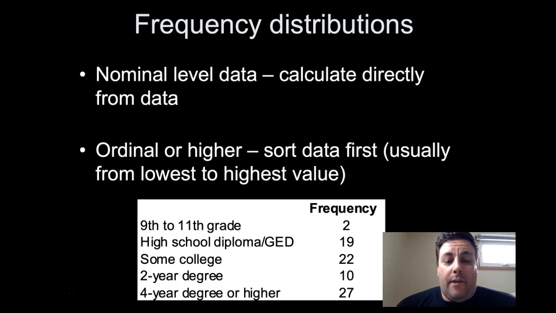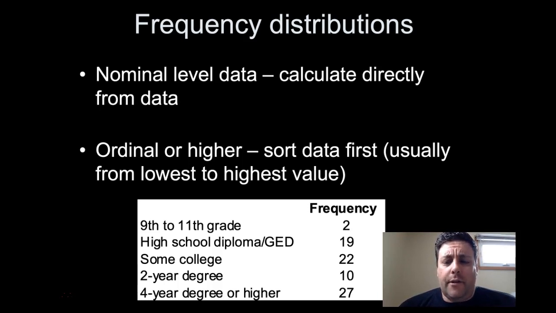So here we have an example of an ordinal set of data. The variable in this case is education, and so we've got 5 different categories: 9th to 11th grade, high school diploma or GED, some college, a 2-year degree, or a 4-year degree or higher.